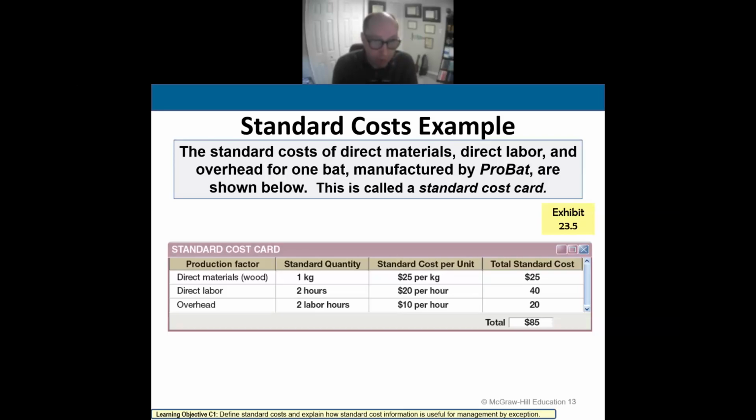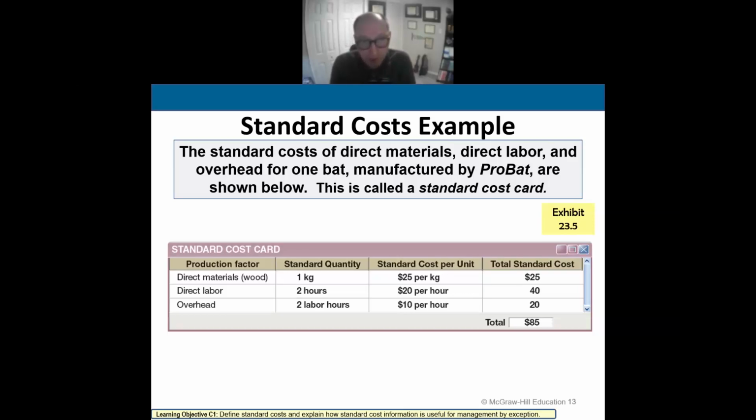To make one baseball bat, we use 1 kilogram of wood, it takes 2 hours of labor, and the overhead rate is based off of labor, so it's 2 labor hours.